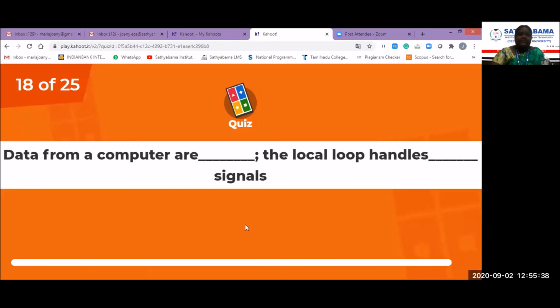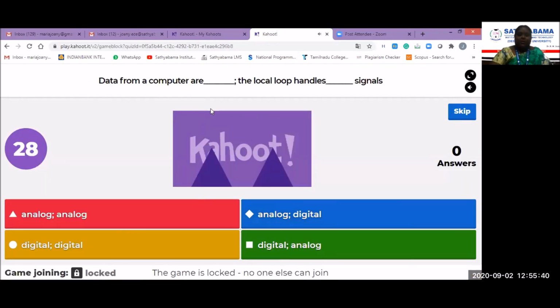Data from a computer, what type of signal is it, and the local loop handles what type of signals? Data from the computer is either analog or digital. The local loop handles what type of signals, analog or digital?